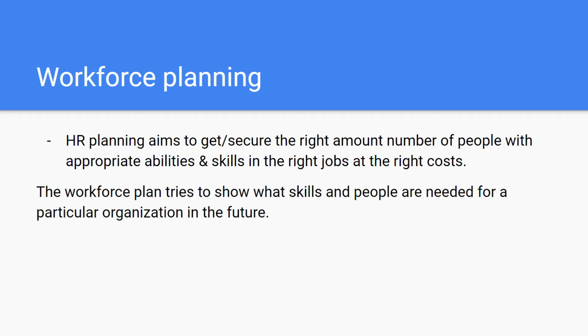And the workforce plan tries to show what skills and people are needed for a particular organization in the future. So it's good to refer to the workforce plan if you explain something in your answers, as it will tell the IB examiner that you know your terminology.